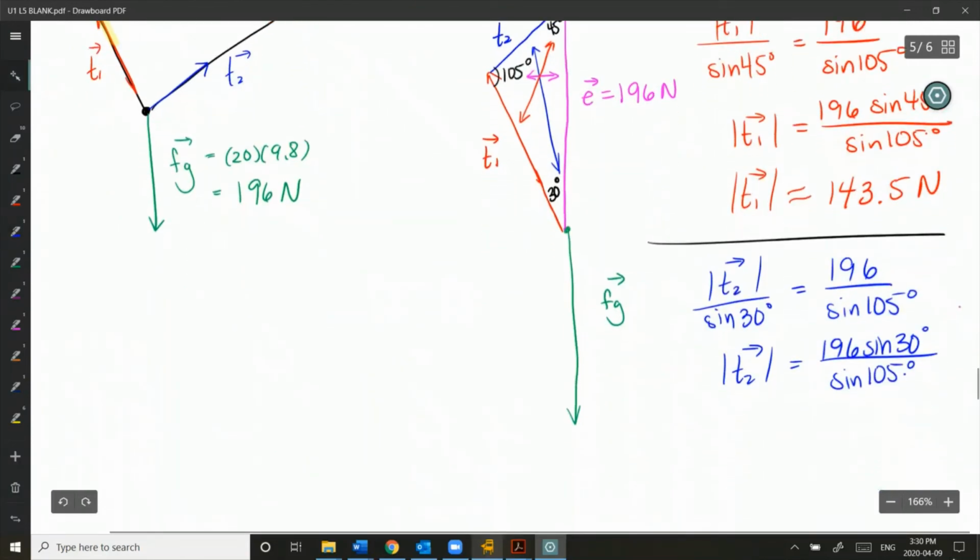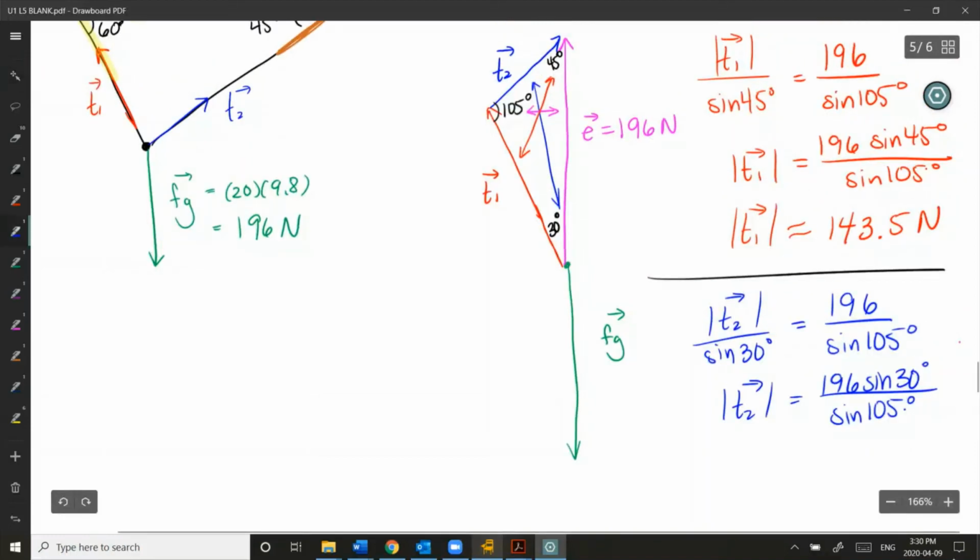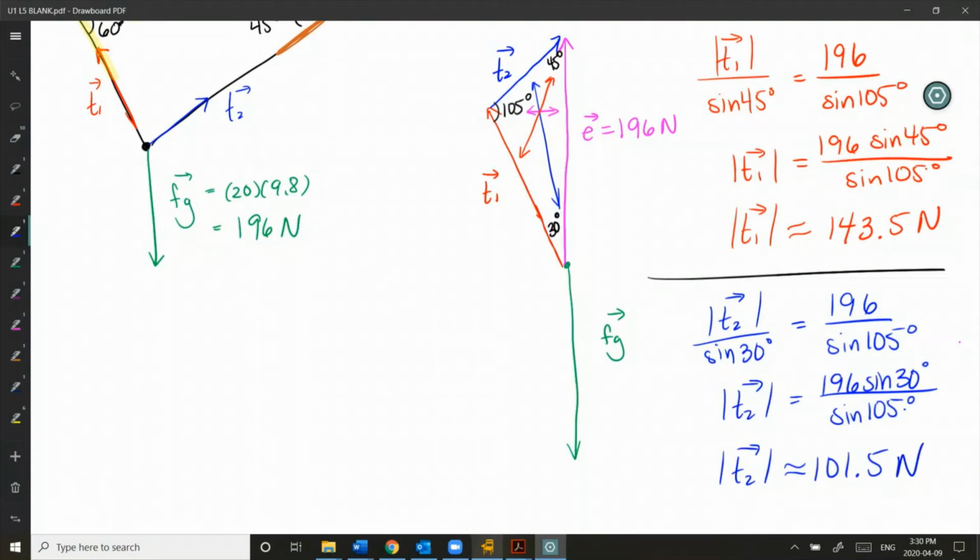Let's enter that into our calculators as well, and round this to the nearest tenth. You should get 101.5 newtons.